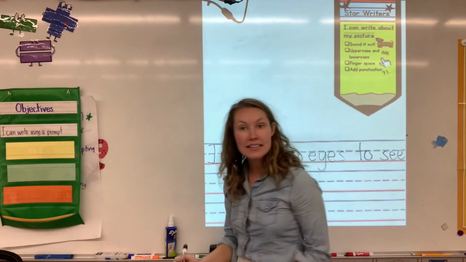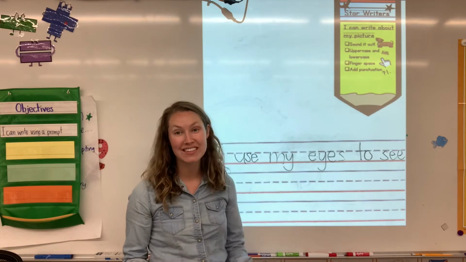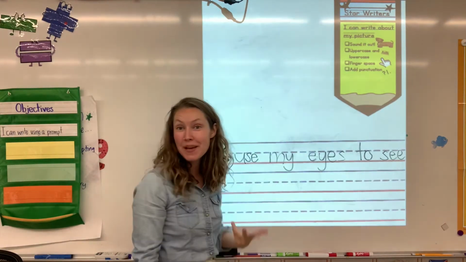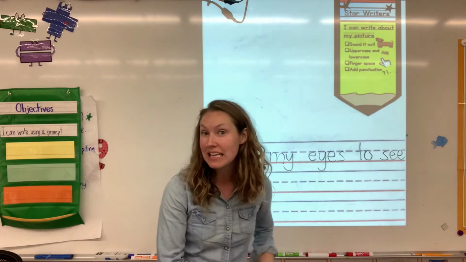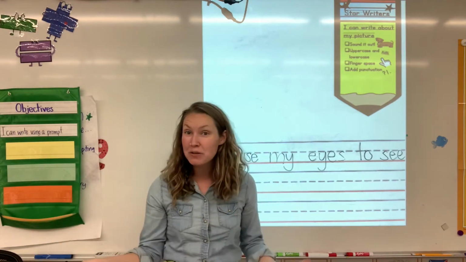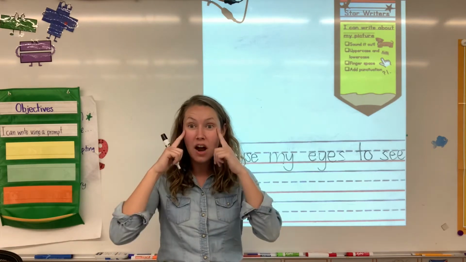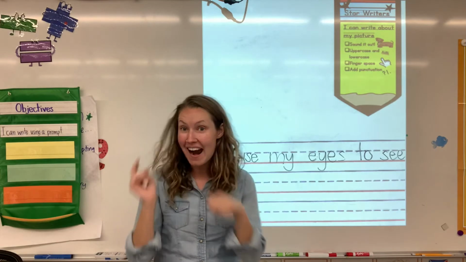I use my eyes to see, and one of my favorite things to see with my eyes are you guys, my students. So I'm gonna write my students, but maybe you like to see your family, you like to see your pet, a rainbow, beautiful mountains, the ocean. There are so many things that we are so lucky to see with our eyes.